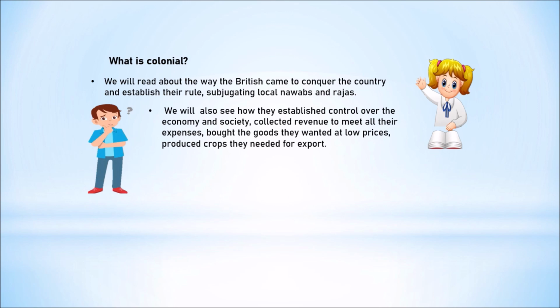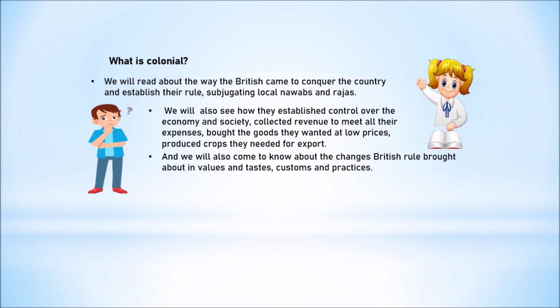We will also see how they established control over the economy and society, collected revenue to meet all their expenses, bought the goods they wanted at low prices and produced crops needed for export. We will also come to know about the changes British rule brought about in values, tastes, customs and practices.